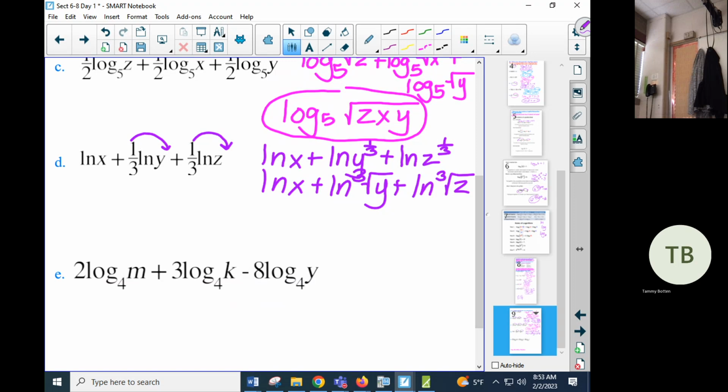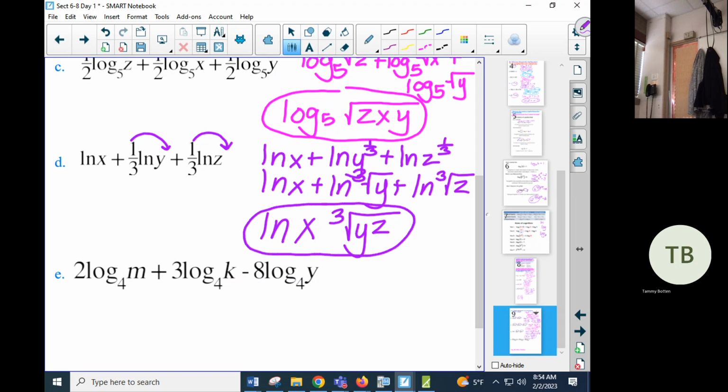Now notice these are all added, which means we're going to multiply. So when I put them together, my x is just going to be normal by itself. But do you see how both of these are cubed roots? That means I can put both of them under the same cubed root. If you didn't, that's not a super huge deal. Like if you wrote it as cubed root of y times cubed root of z, not the end of the world. But if they're the same, you really are supposed to put them both under the same.